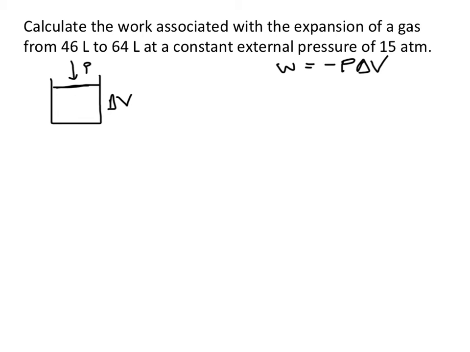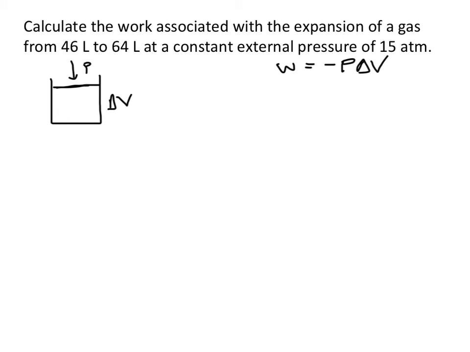So this pressure volume work type calculation is going to utilize this equation. Work is going to be equal to negative P times delta V. Delta V represents the change in volume that's occurring within a piston or some similar apparatus, and P represents the external pressure that's being applied to the system. Now, if delta V is a positive value, what that means is that the piston is expanding, okay?